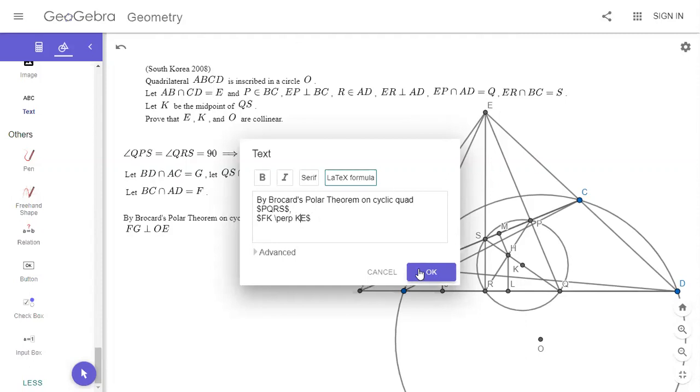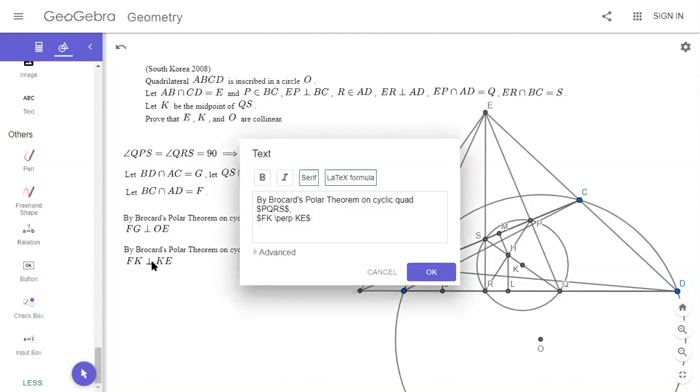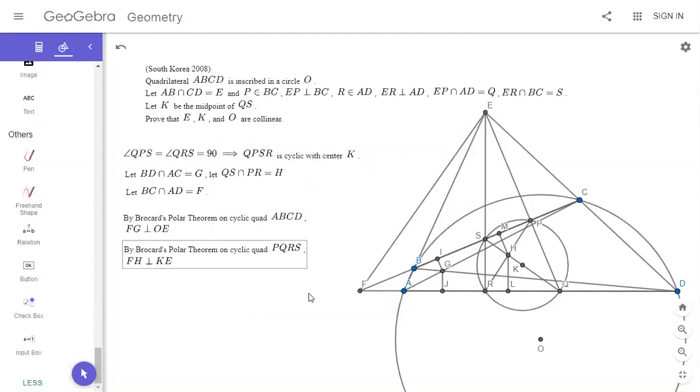Actually, I'm getting all confused. Oh, this should be FH is perpendicular to OE. Wait, no, I'm so confused. FG is perpendicular to OE, and FH is perpendicular to KE. That sounds better. Oh yeah, you just helped me out in the chat.